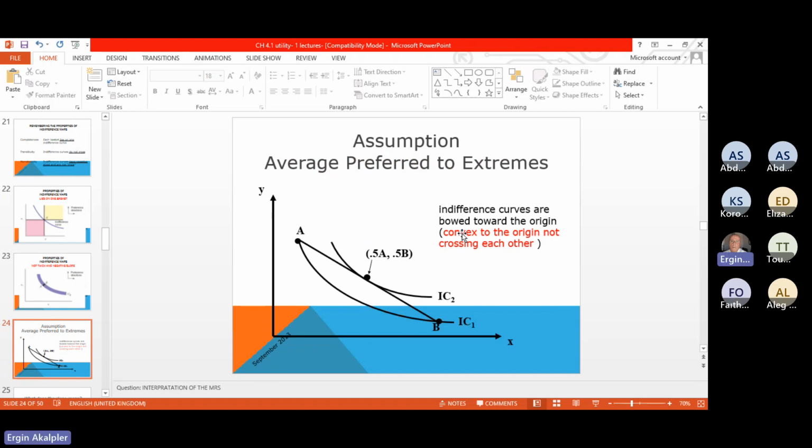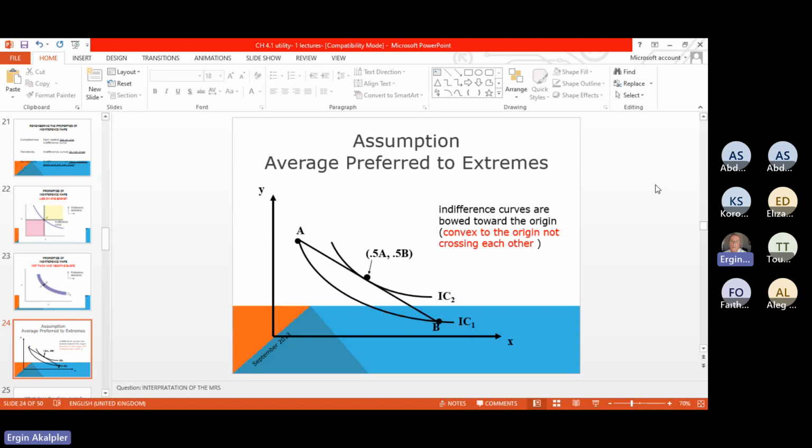And it is assumed that averages are preferred to extremes, so the indifference curves are bowed toward the origin, which is convex to the origin, and not crossing each other, as I mentioned to you. And indifference curves always move away from the origin, becoming higher, depending on the budget or income or disposable income of the consumers, or the preferences.